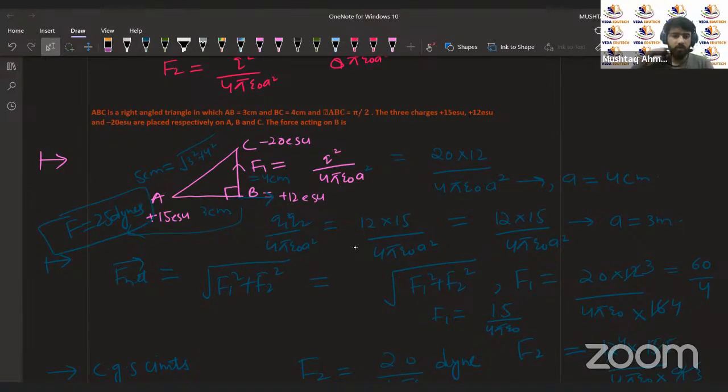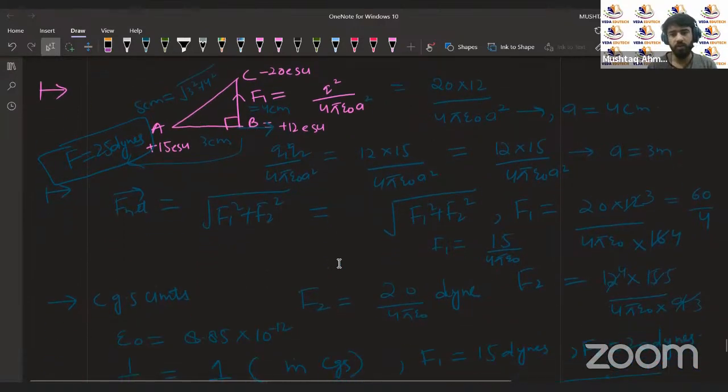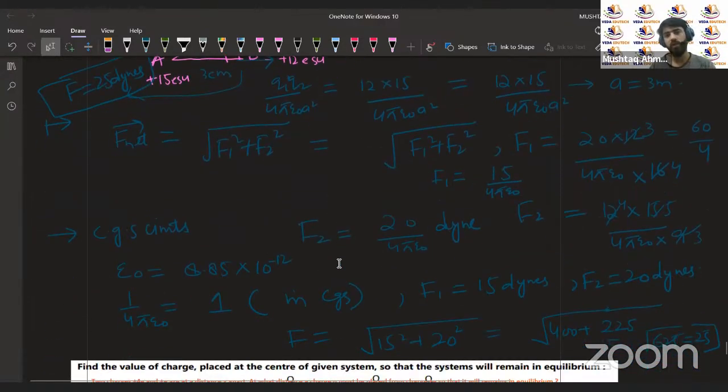So this is the net force acting on the charge placed at point P because of the other charges. All these forces we have calculated using the concept of the superposition principle. What the superposition principle states is that if we have n number of individual point charges placed in a space, number one, the force between two charges is not affected by the presence of any other third charge.